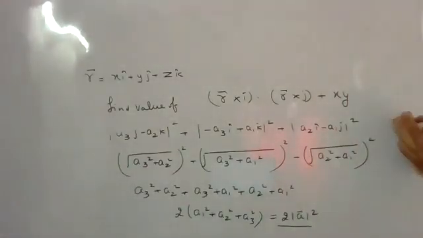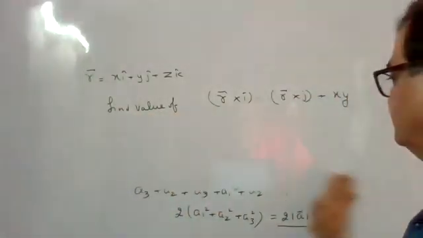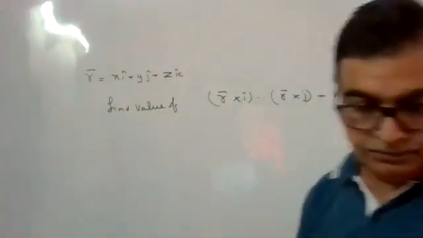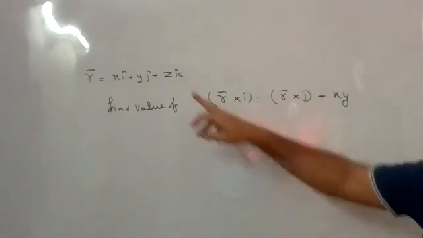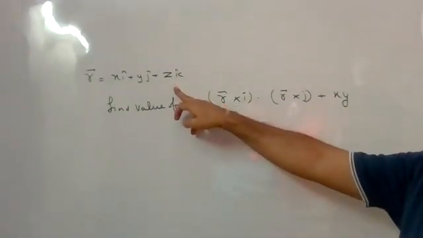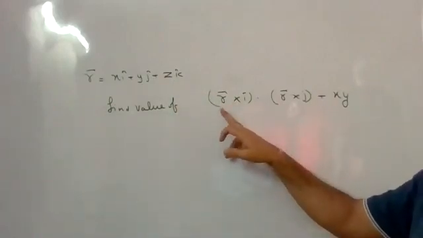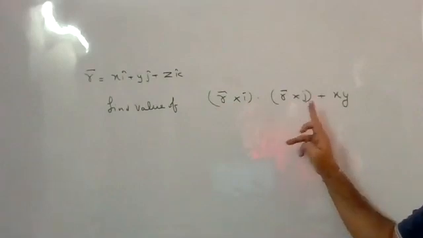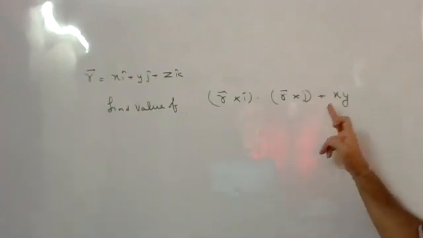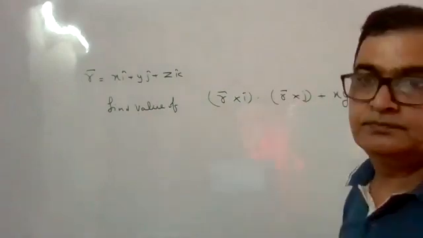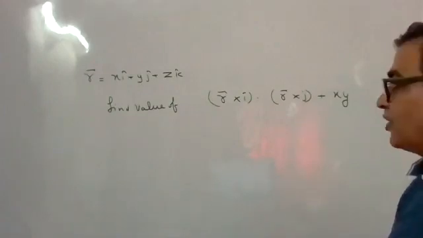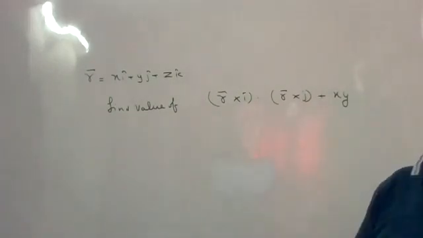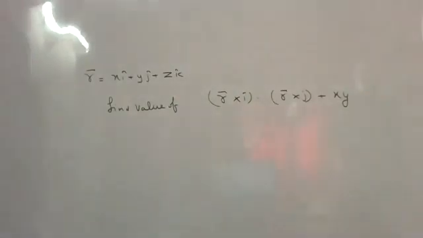Please find this value. R cross I cap dot R cross J, and then plus xy. What this value should be, you should find out. So first find out R cross I, then R cross J, and then proceed the question.